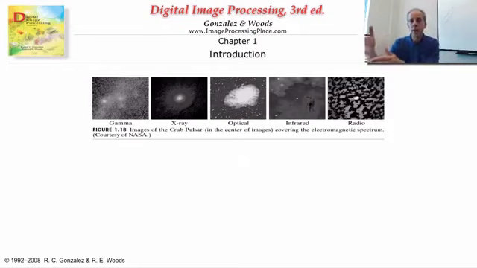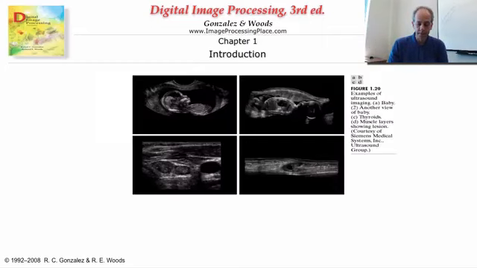The different modalities will give us different information about the same scene. So we are observing the same scene, but with different modalities, with different cameras, to say it in one word, and we can obtain different types of information.